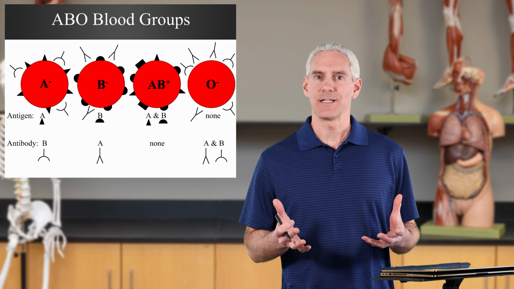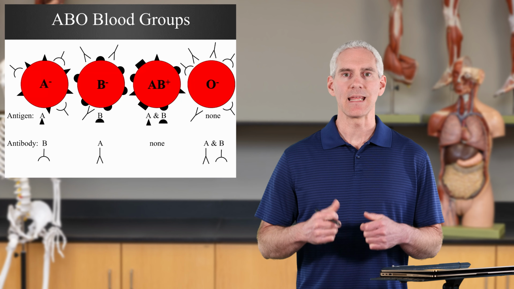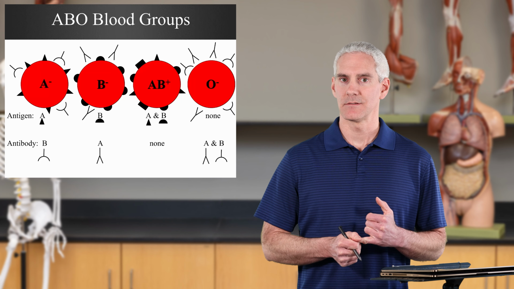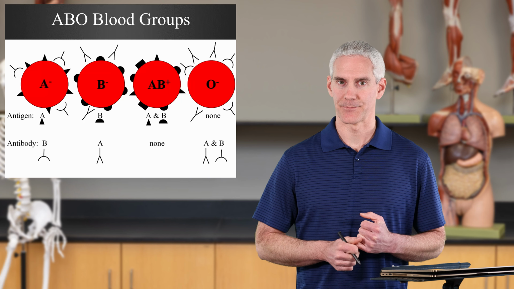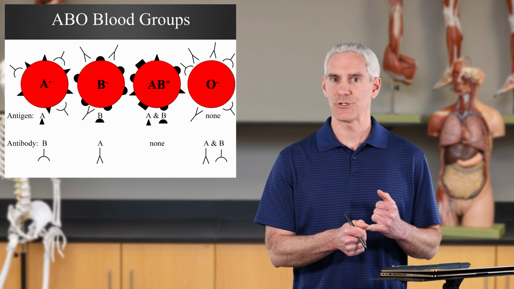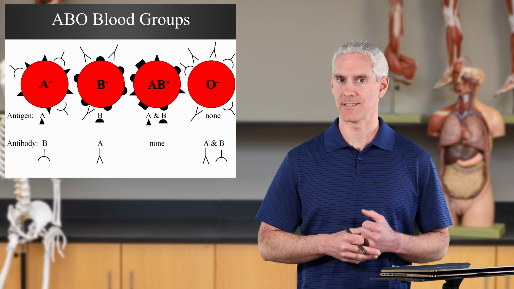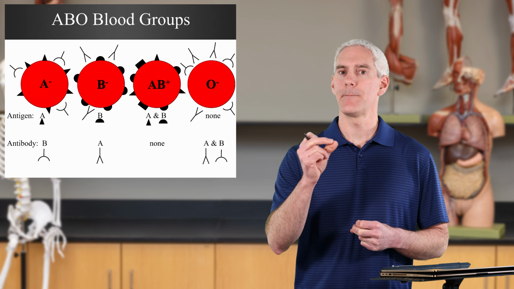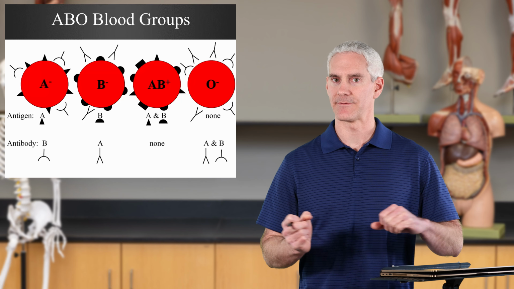So what we're really looking at here is the antigens present. If you have the A antigen and nothing else, you are A negative. If you have the A antigen and the D antigen, you're A positive. If you have the B antigen and nothing else, you're B negative.